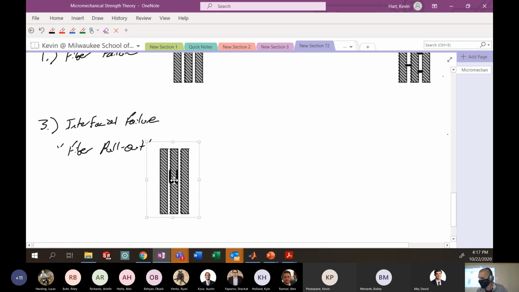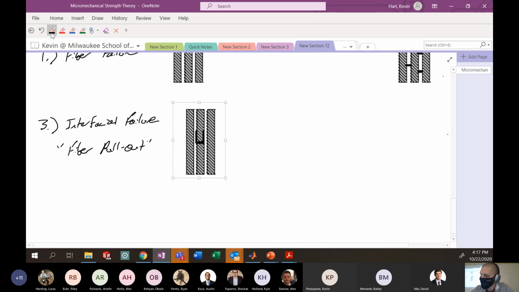The picture looks like this. A crack is forming around the fiber as it's losing its interfacial bond with the matrix.